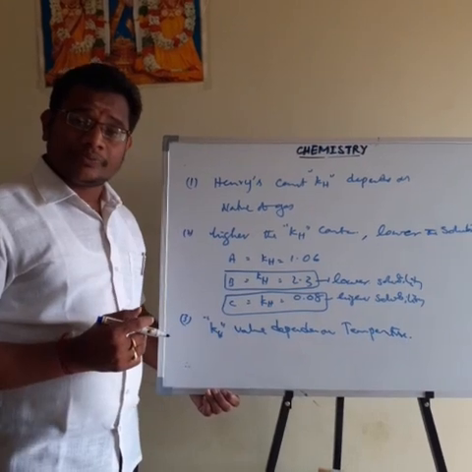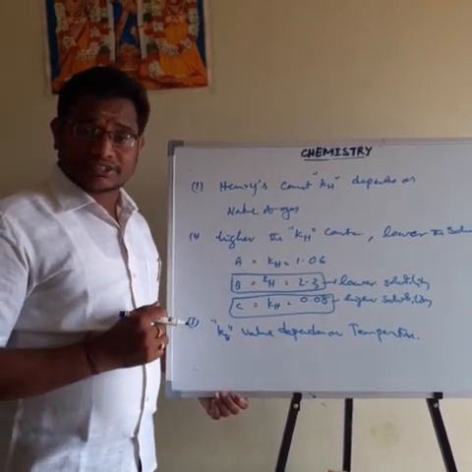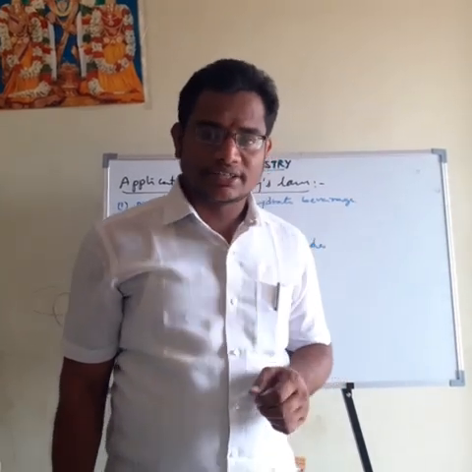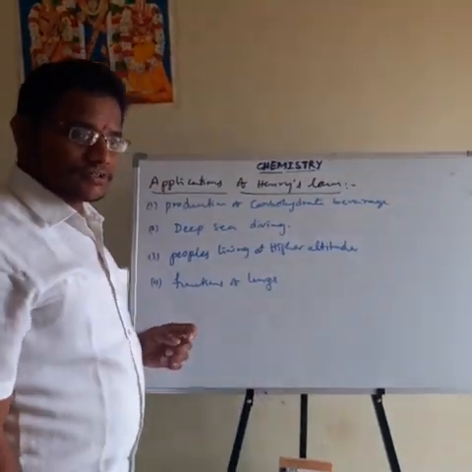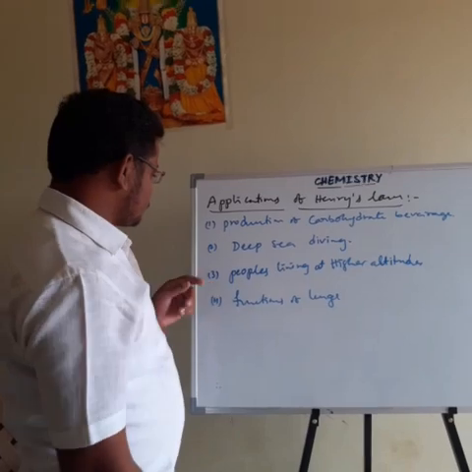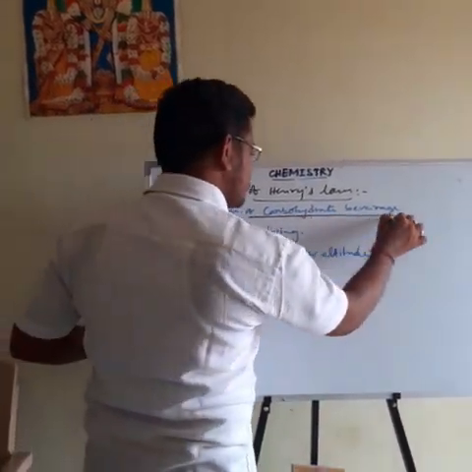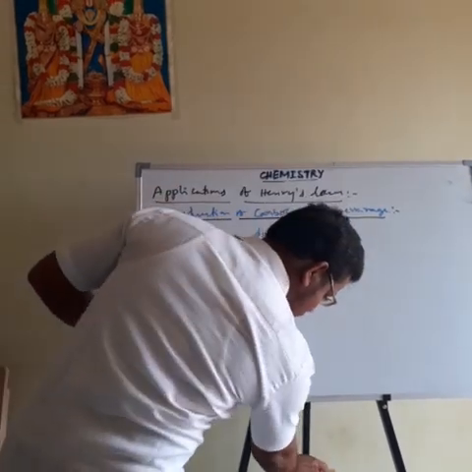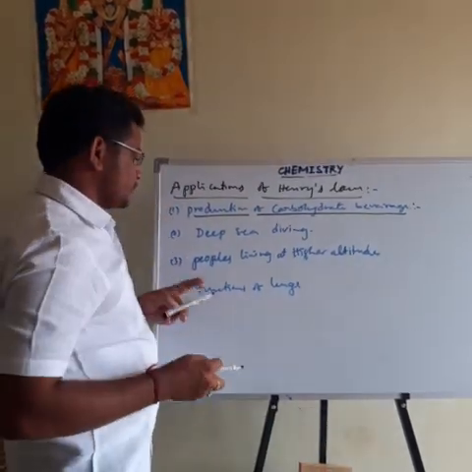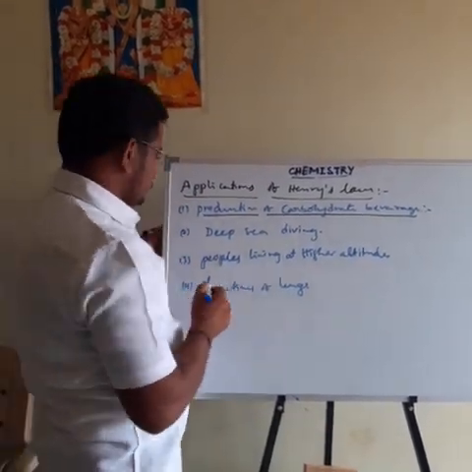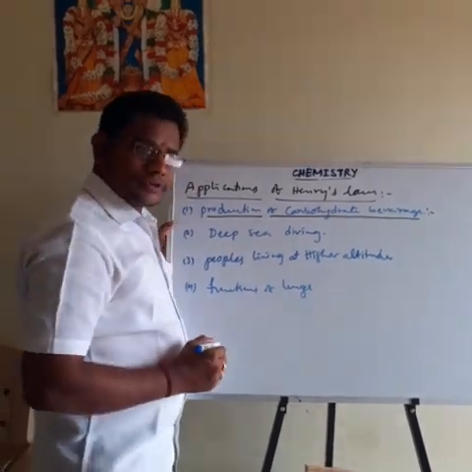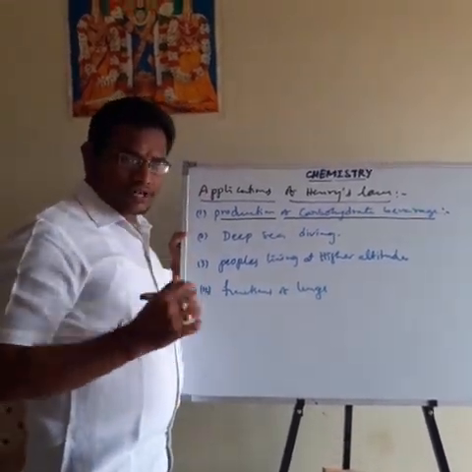The next one is the applications of Henry's law. See the four applications of Henry's law. The first one is the production of carbonated beverages, for example soft drinks and soda water.